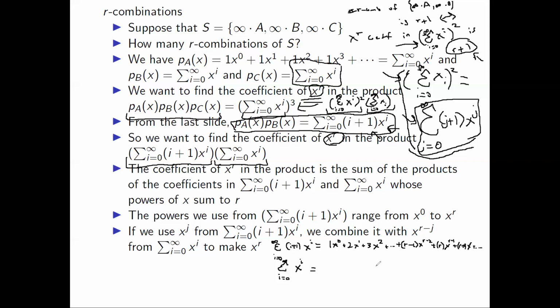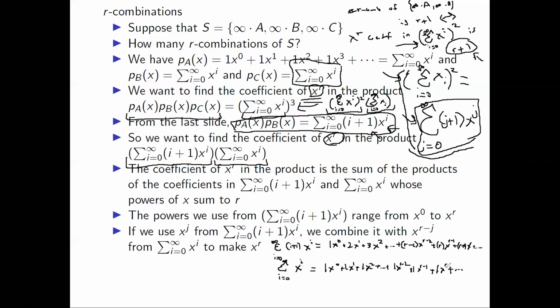and so on forever. And then this one down here is simpler. We got 1x to the 0 plus 1x to the 1 plus 1x to the 2, dot dot dot up to 1x to the r minus 2 plus 1x to the r minus 1 plus 1x to the r plus dot dot dot forever.